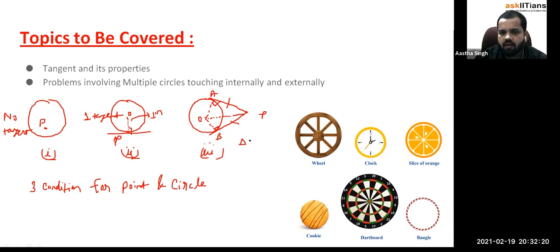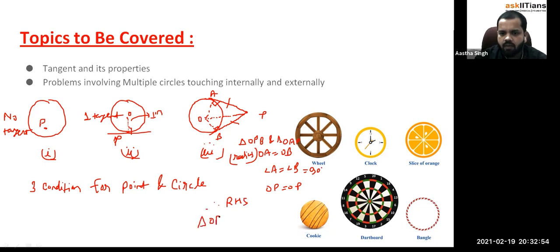You can take two triangles, triangle OPB and triangle OPA. Here OA is equal to OB, because of the radius. Your angle A is equal to angle B, both are 90 degrees, and your OP is common. So it means by your RHS or SAS congruence.